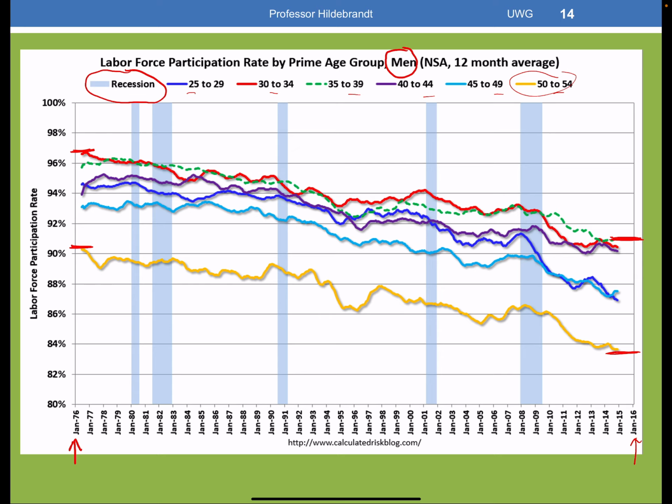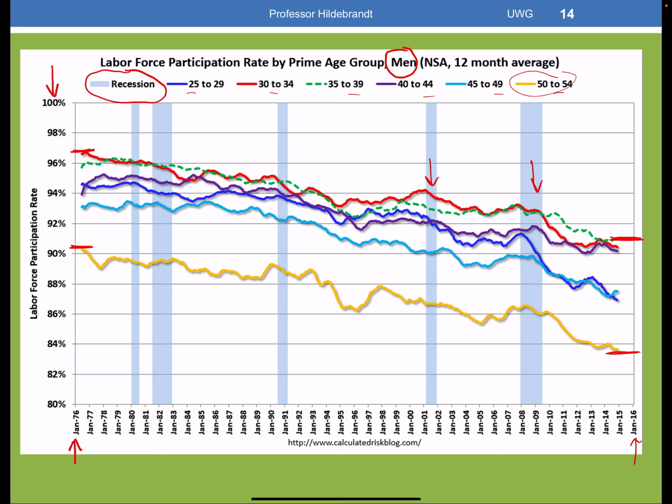If we zoom in a little bit on the recessionary periods, we do, for the most part, see a drop in labor force participation during those times. Now, I want you to keep in mind the left-hand side, the range, because I'm about to show you the other half of the population, the women, and it's going to be a lot different.